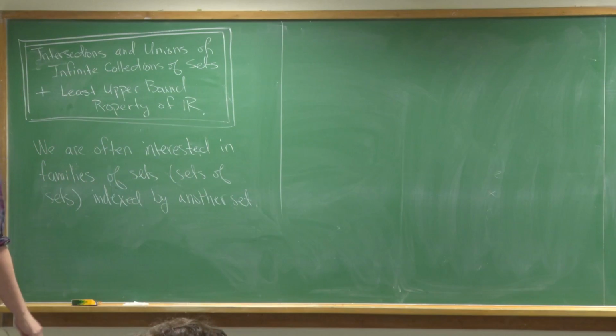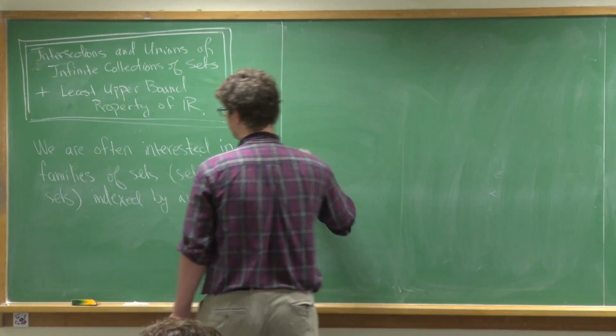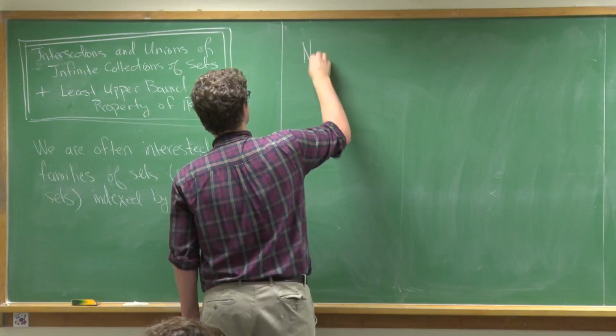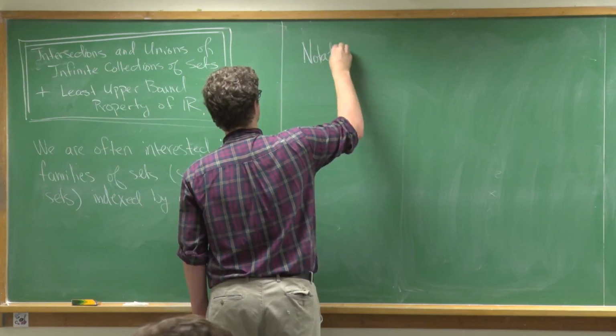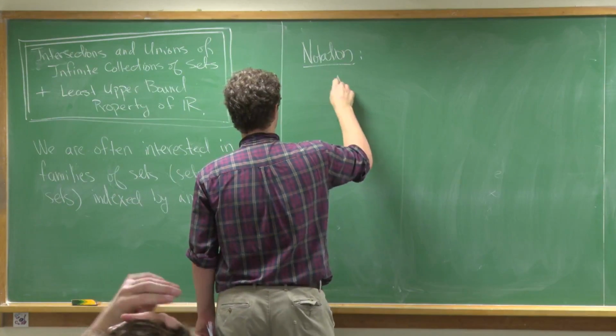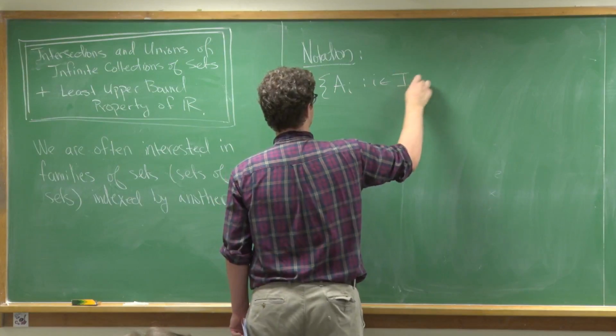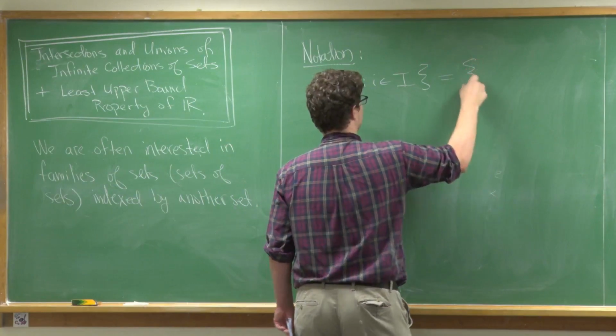Okay, so let me just show you some notation for this. So the notation. So we sometimes consider these like this: A_i for i an element of I. These are two different notations for the same thing.